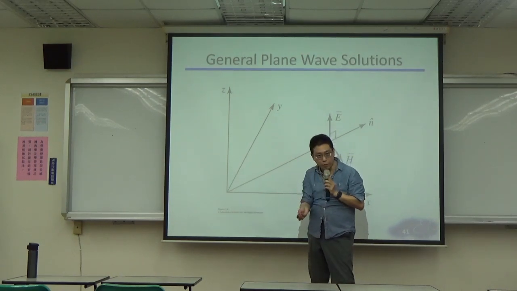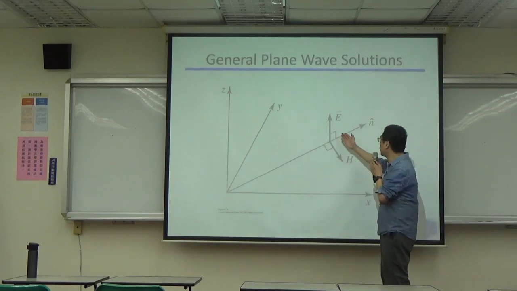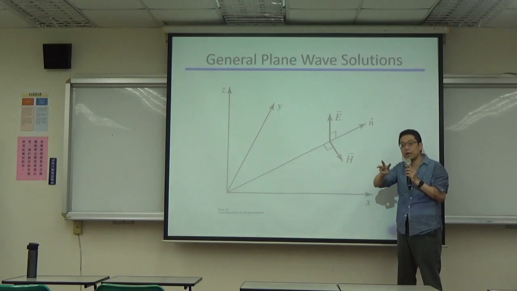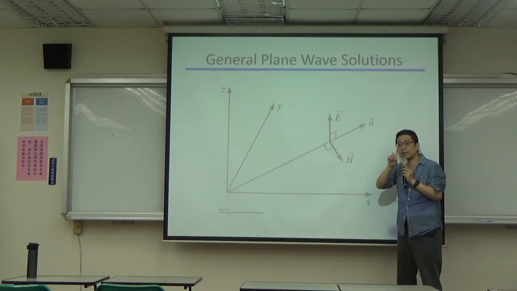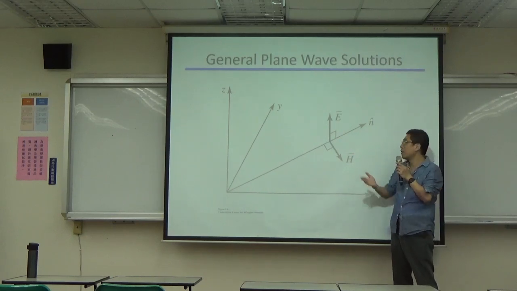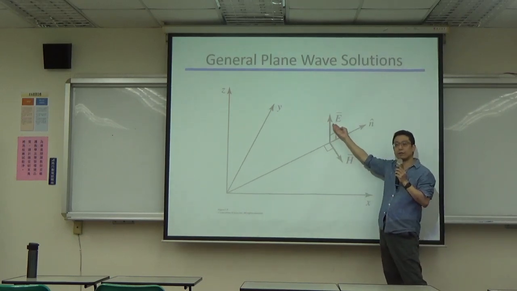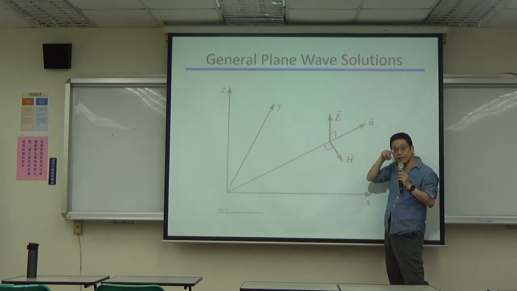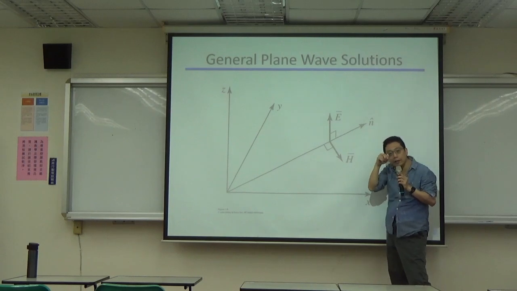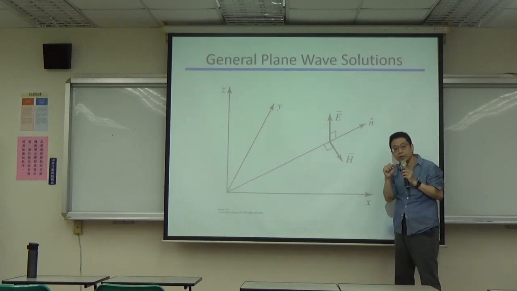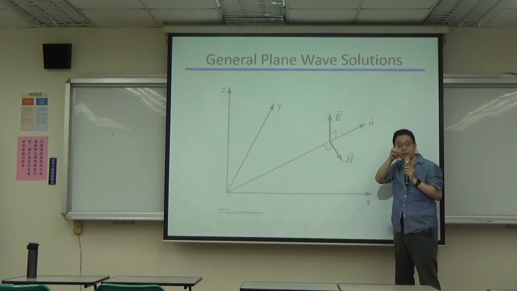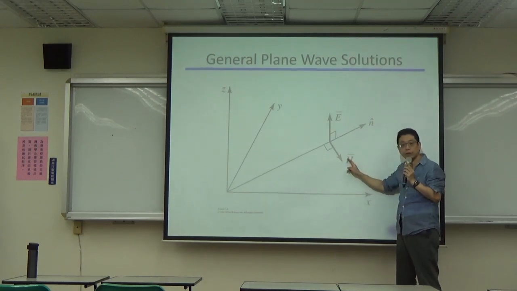But in the real world, your electric field has 3 perpendicular independent components. We call them X, Y, Z. You can have an electric field with only X direction, only Y direction, and only Z direction. So you will have 3 directions of electric field.